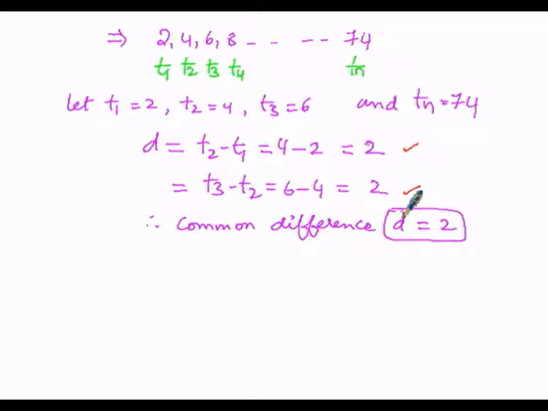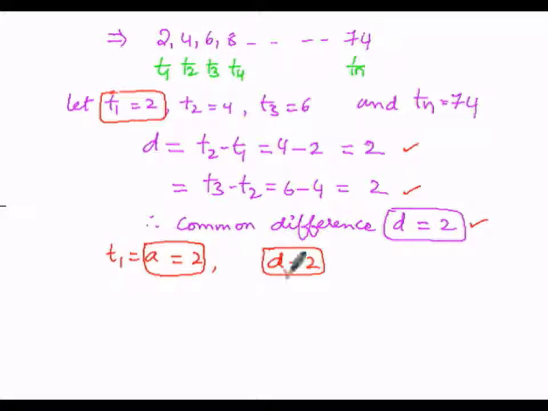So, here we got A, the first term, as 2, and the common difference is 2 again. Since the difference is common throughout the series, the given series is an arithmetic progression.